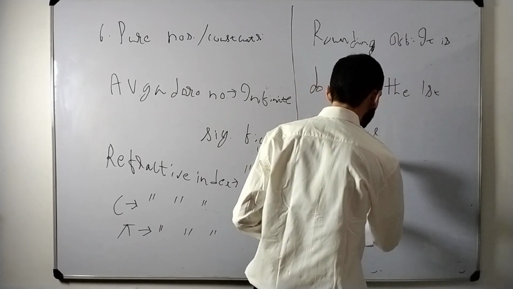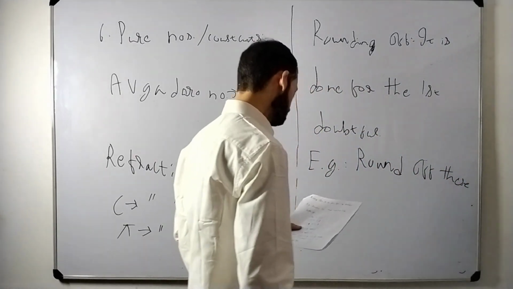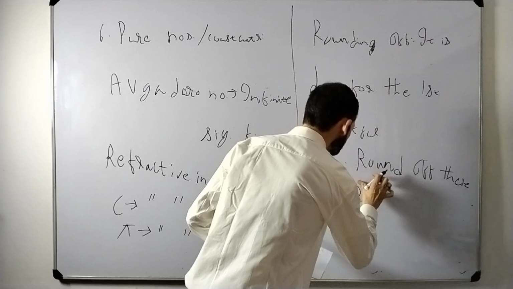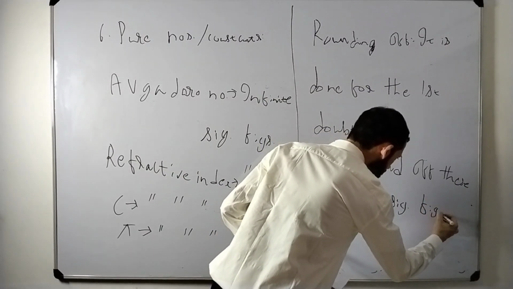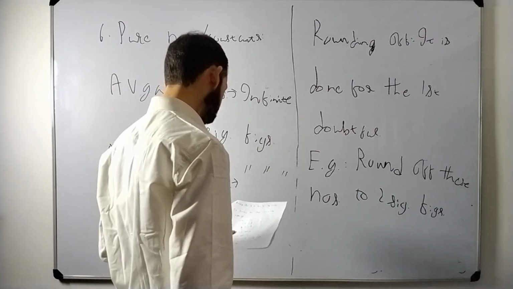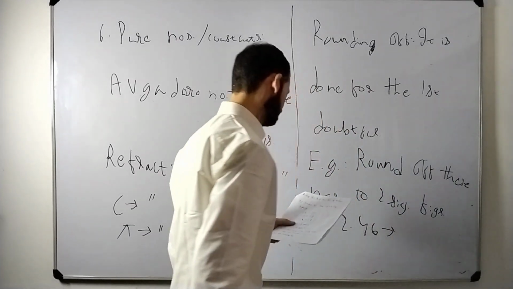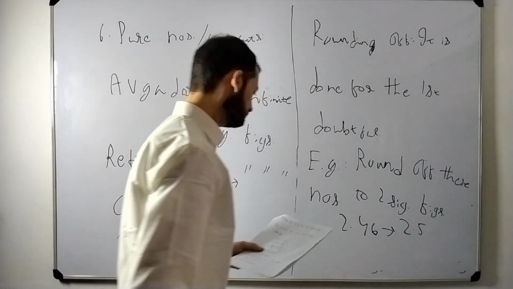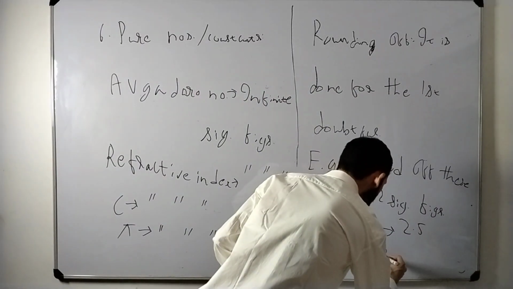Round off these two numbers to two significant figures. 2.46 becomes 2.5 and 2.27 actually becomes 2.3.